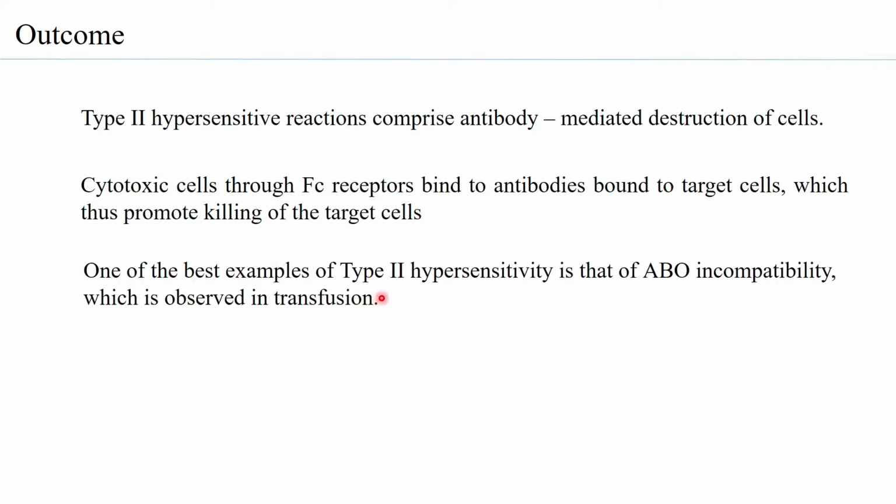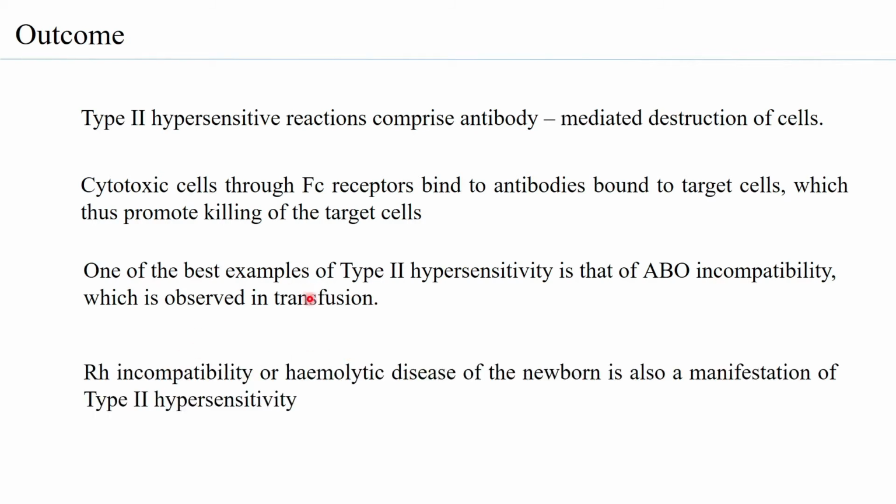One of the best examples of type 2 hypersensitivity is that of ABO incompatibility, which is observed during blood transfusion, if the matching of the blood groups is not carried out. Rh incompatibility or hemolytic disease of the newborn is also a manifestation of type 2 hypersensitivity.